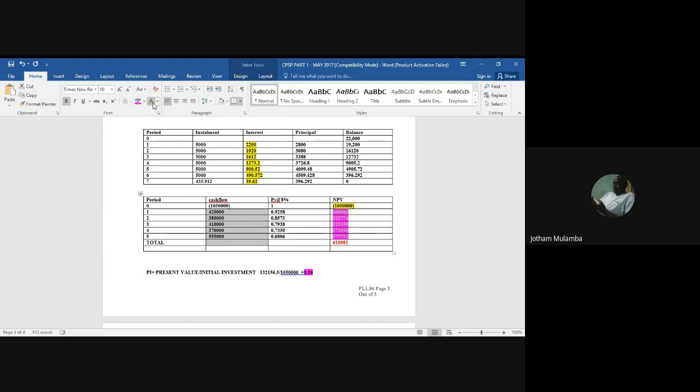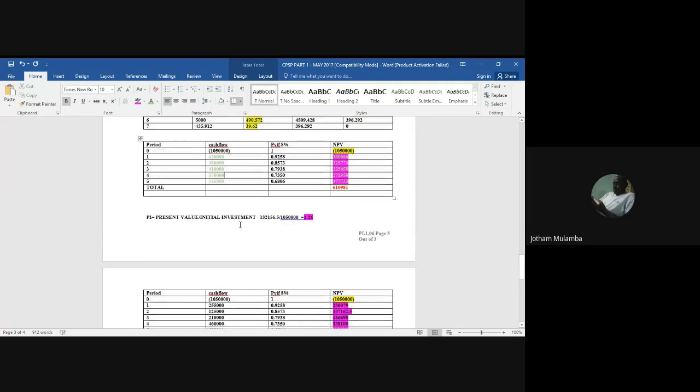The one I've painted green is for project X. Get the total. The total is 1,975,000.